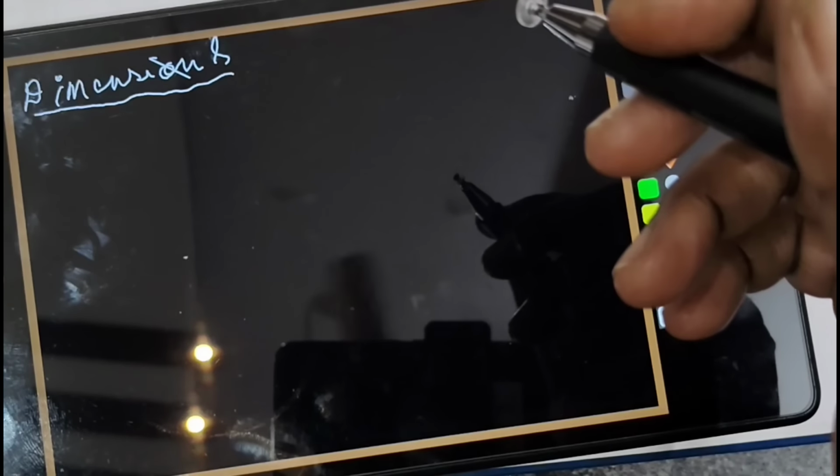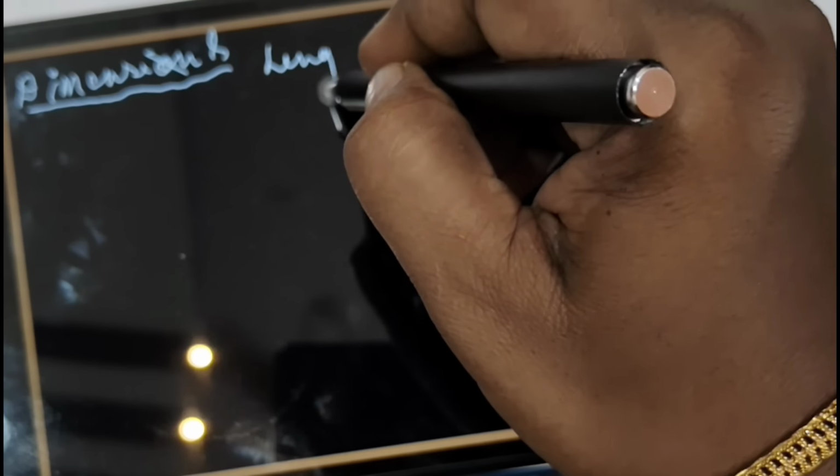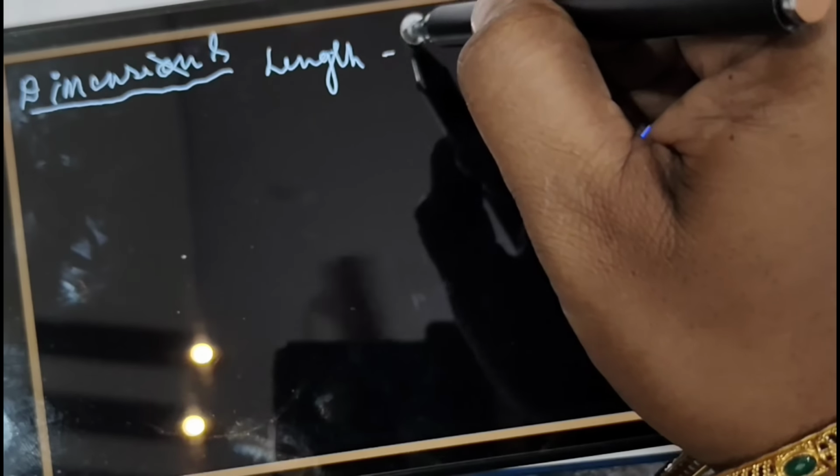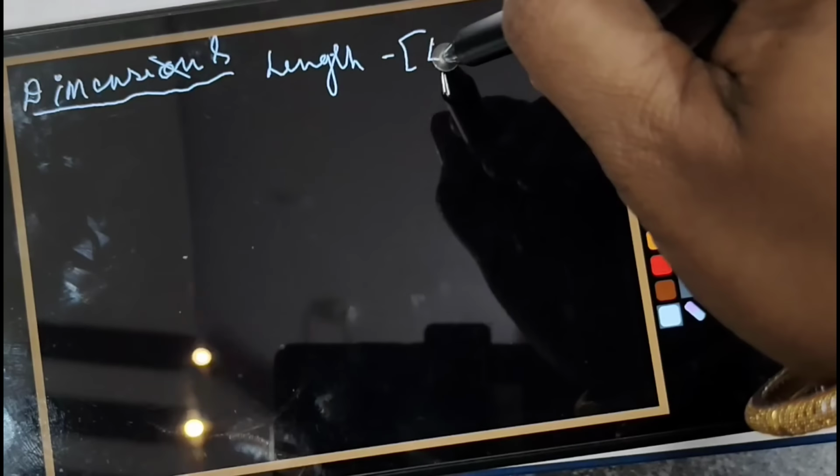For example, length: directly we take the dimension of length, always written in a square bracket, as capital L.